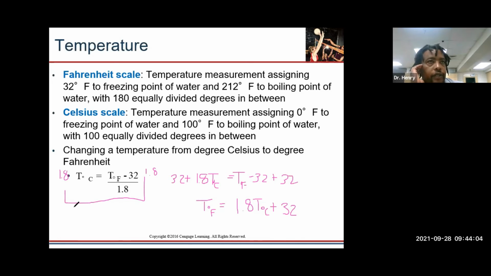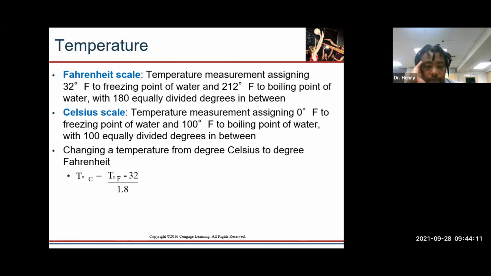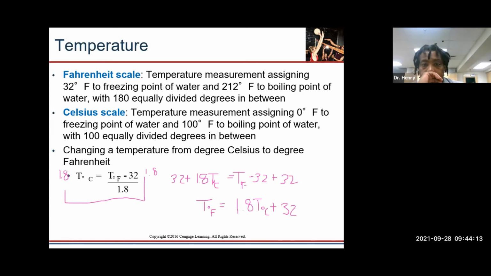What I'd like you to do is, if we have 0 degrees Celsius, so our temperature is equal to 0 degrees Celsius, calculate how much that would be in Fahrenheit. We want to calculate TF.